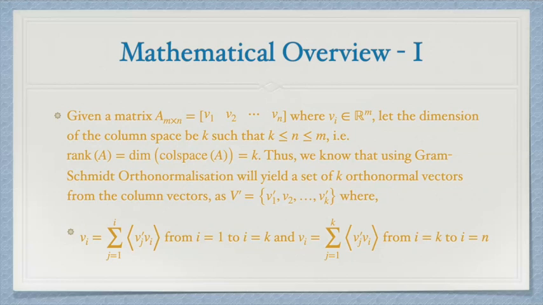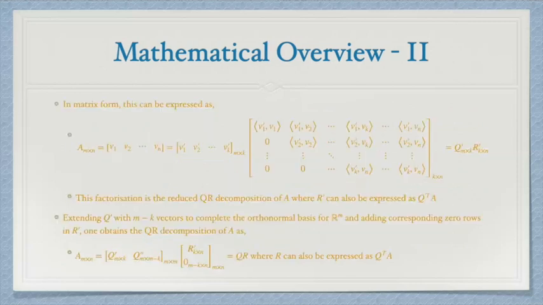Then we also know that we can reverse construct each of these vectors from the orthonormal vectors using the formula shown below. Mathematically, we can express this in the form of a matrix as follows.